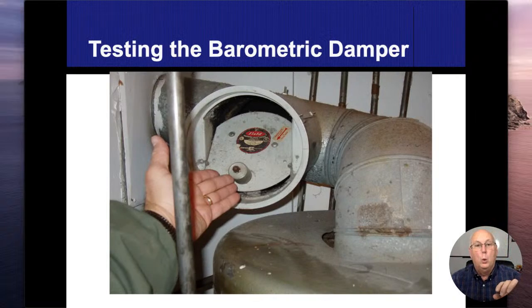Now, that little weight on the bottom of this thing right here is basically designed to keep it closed. And as the hot air goes up and through that pipe, the hotter it gets, the faster it moves. The faster air moves, the pressure actually drops. So when we lower the pressure, we create what's called a Venturi effect.